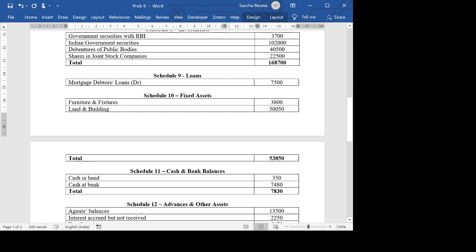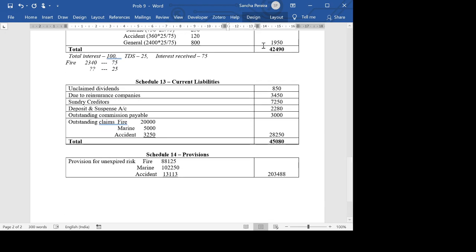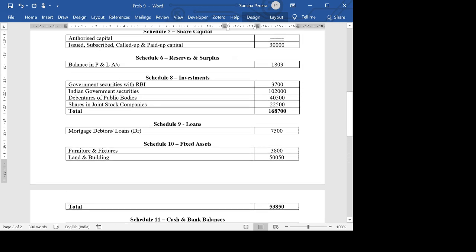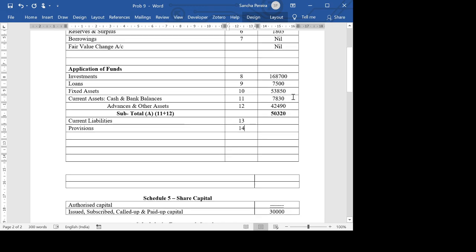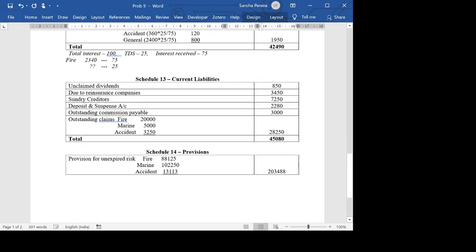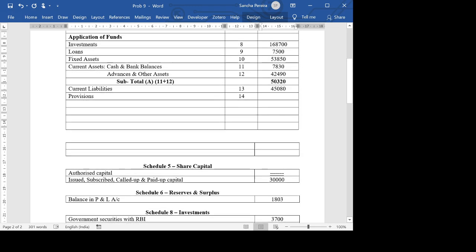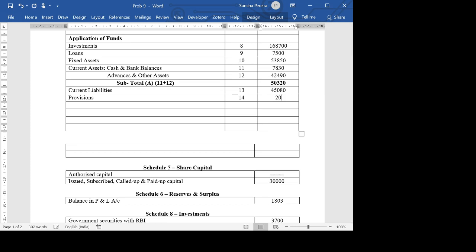So let's check these amounts. 13 is 45,080 and 14 we have just one item, provision for unexpired risk, that's 2,03,488. So that's going to give us a subtotal B.